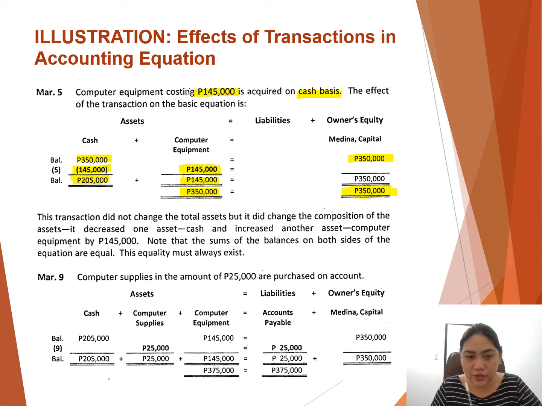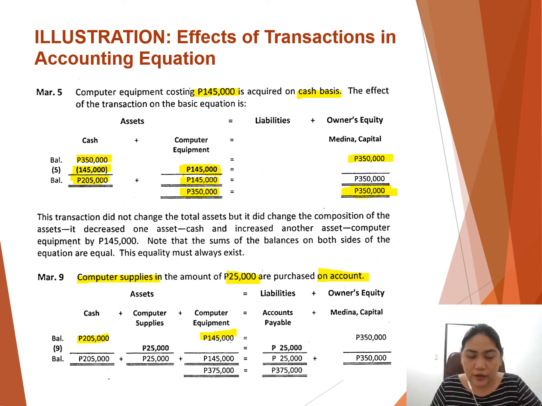Okay, next transaction. Computer supplies daw, bumili, worth 25,000, but it is on account. Yan, utang. So, magkano na nga yung balance natin kanina? We have 205,000, di ba? From the previous one, 145,000.